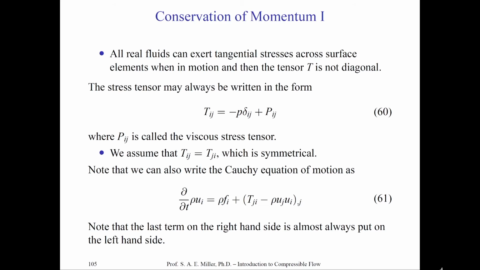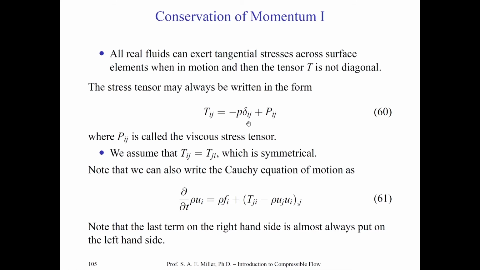And so we can take T and write it as a summation of the internal stress of the fluid, which is the pressure, times the Kronecker delta function, plus capital P sub ij, which is the stress tensor, of course. In fact, we call Pij in particular the viscous stress tensor, where Tij is the stress tensor because it contains pressure as a summation of Pij.